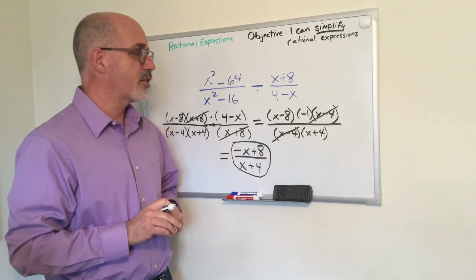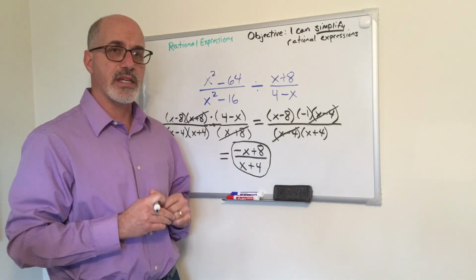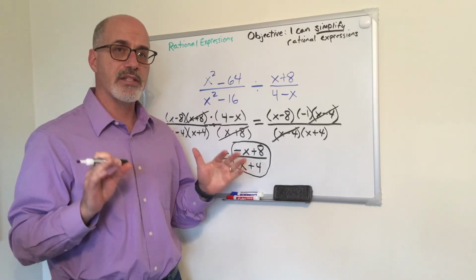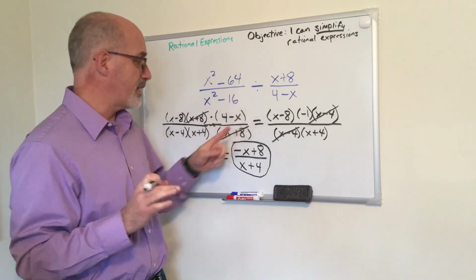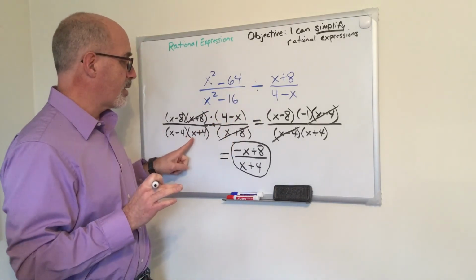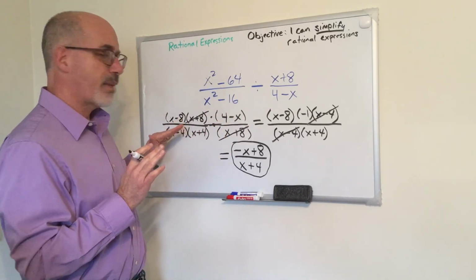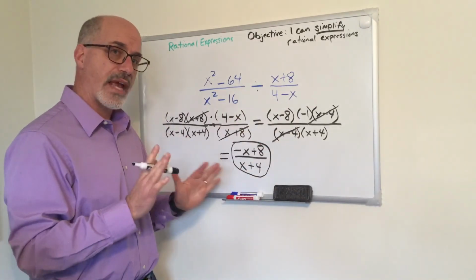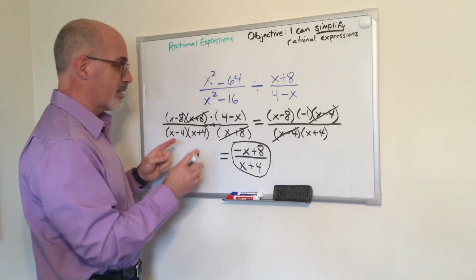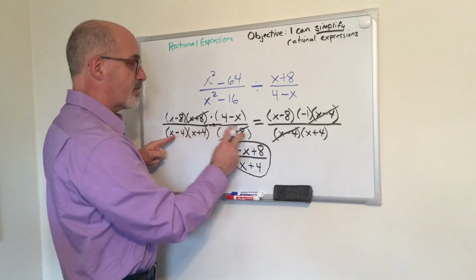Last step I'd like to remind you of when you're dealing with these is when you're thinking about domains and ranges, remember that the domain of these is based on the original problem before it's reduced. So if we ask about what the domain is on this, look at the factored step.